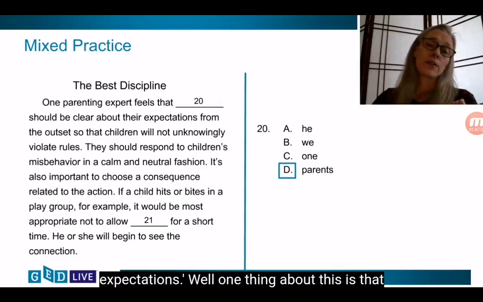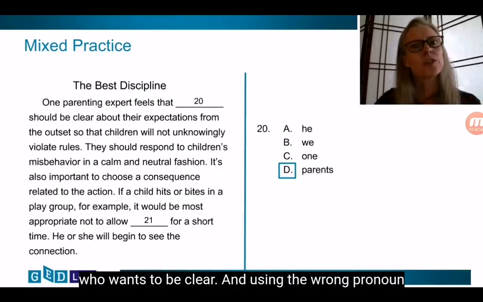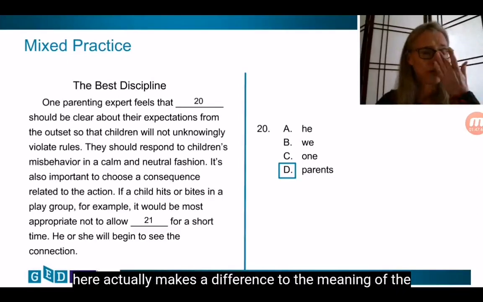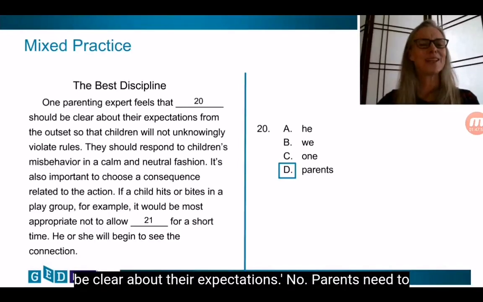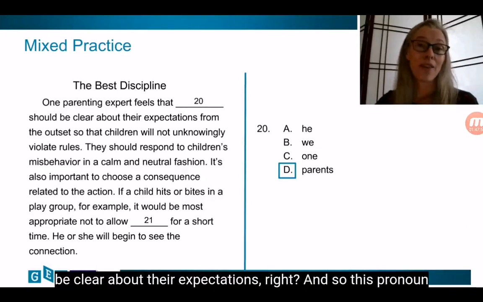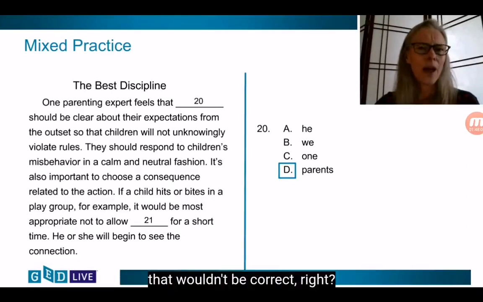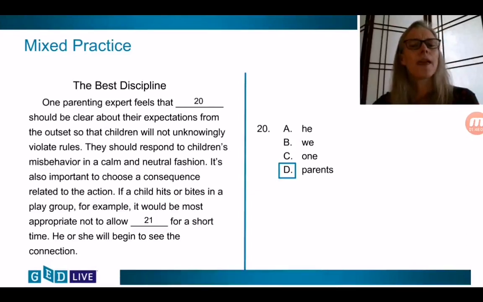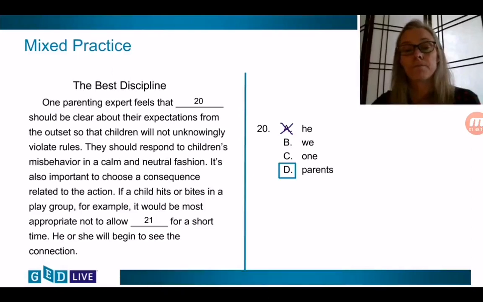Well, one thing about this is that it makes it sound as though it's the parenting expert who wants to be clear. And using the wrong pronoun here actually makes a difference to the meaning of the sentence, right? The parenting expert feels that he should be clear about their expectations. No, parents need to be clear about their expectations, right? And so this pronoun seems to be referring back to the expert, and that wouldn't be correct, right? And there's another issue here, but we'll discuss it when we get to answer choice C.